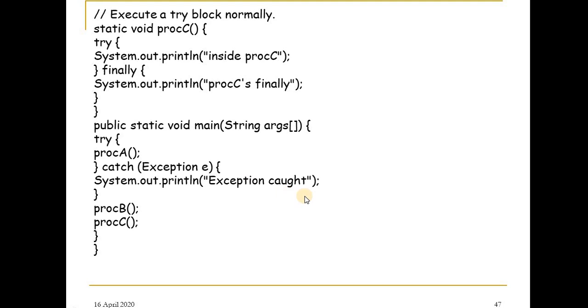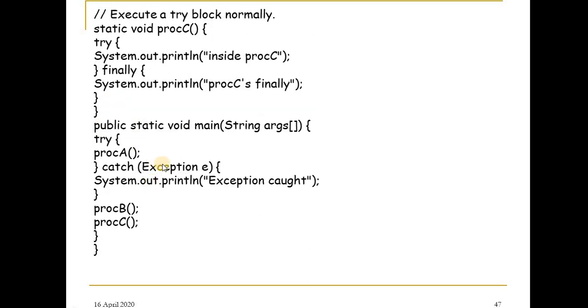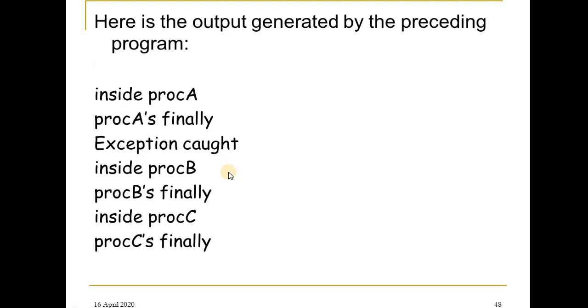So whatever code is inside finally will get executed before the method returns. Here procedure A does not have a catch. So once an exception occurs, after the try block executes, the finally will get executed, and then the catch block of the main method will handle that exception. So this is about this program.